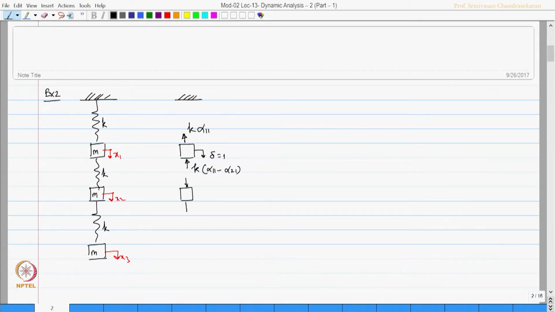This bottom spring will oppose with k times alpha 2 1 minus 3 1, so this spring will have an opposite direction of the same value. You must realize that the second subscript in this derivation is all 1, meaning that we are giving unit displacement at the first degree.